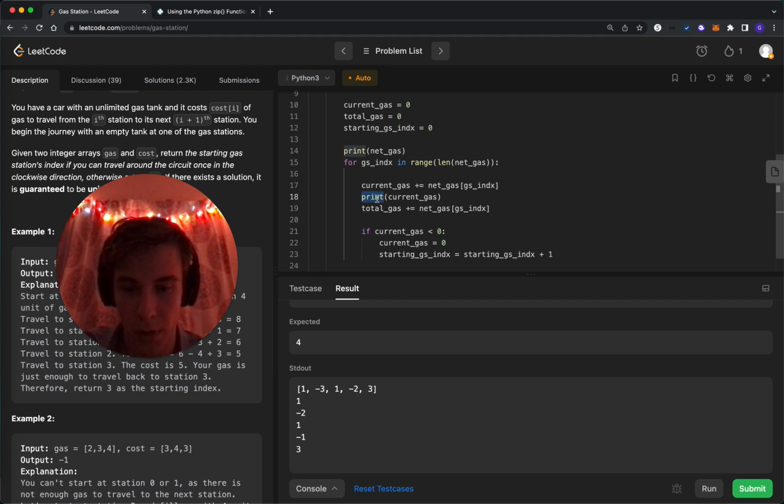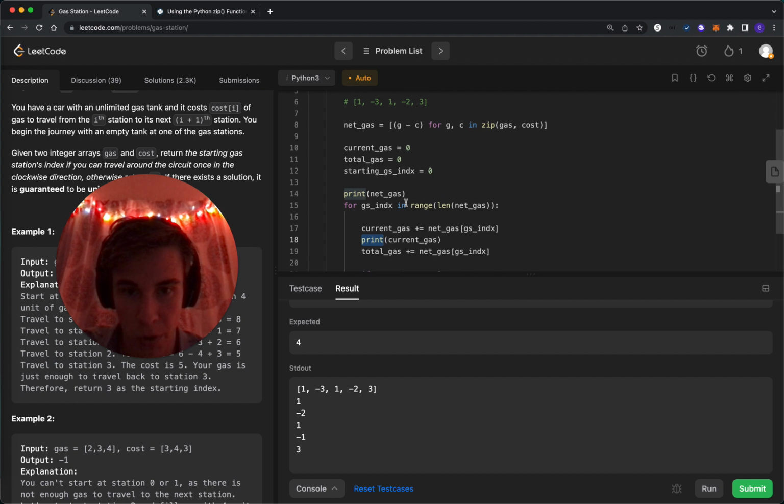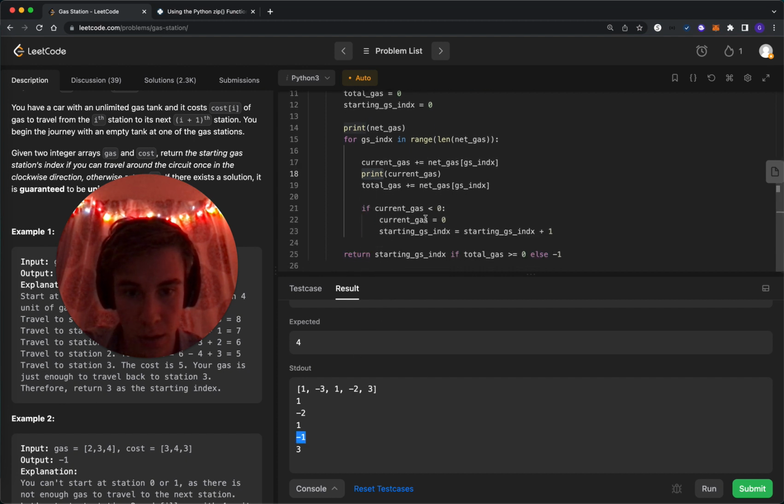So the first one is going to be 1. It's going to be -2. I'm going to reset it. And it's going to be 1 again. And it's going to be -1. I have to reset it. Why am I not resetting?